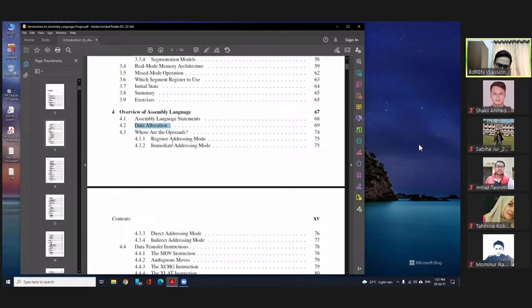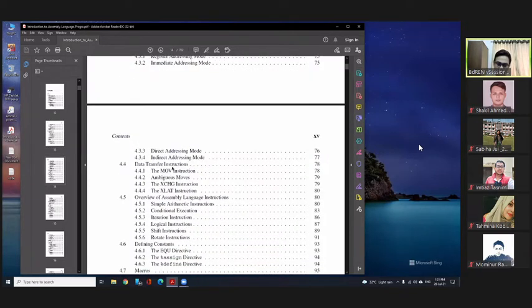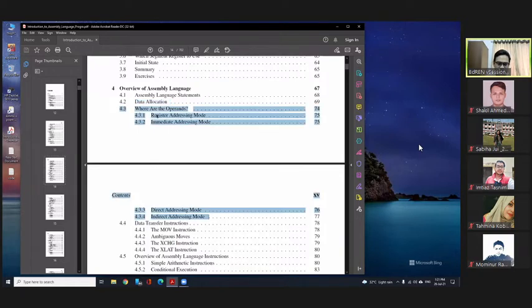That's actually before the vacation, we did the memory, up until the addressing mode, right? We have not discussed these two different types of mode, but we have just briefly discussed them.